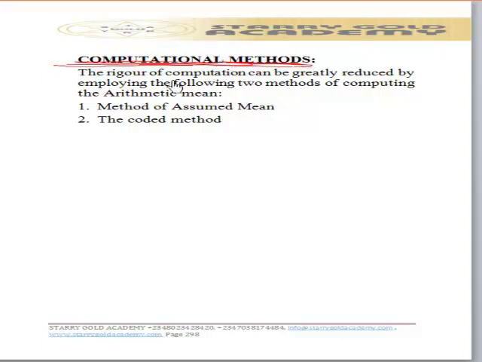So the rigor of computation can be greatly reduced by employing the following two methods of computing the arithmetic mean. These methods are the assumed mean method, and the coded method as the case may be.